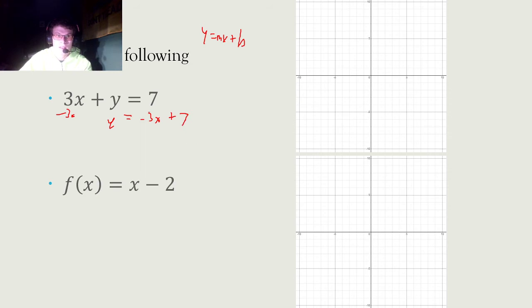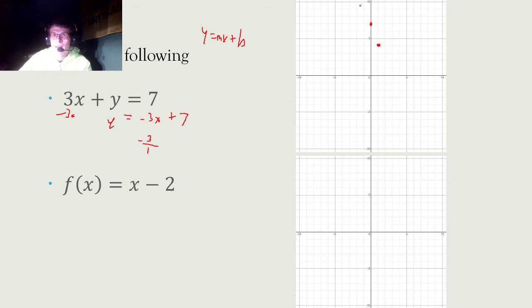Okay? So slope-intercept form, first off, let's identify my y-intercept. My y-intercept is 7. Let's put that up here. And then what does the slope say about my rise and run? It means I have a negative 3 over 1. So I'm going to go down 3, 1, 2, 3 over 1.